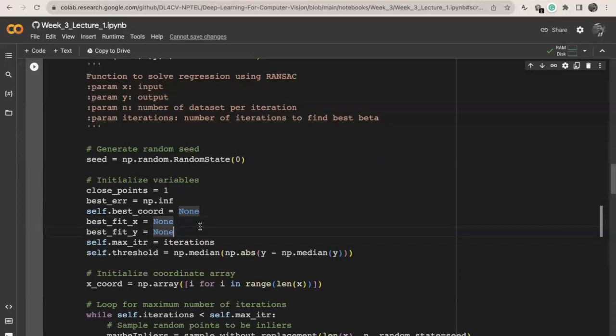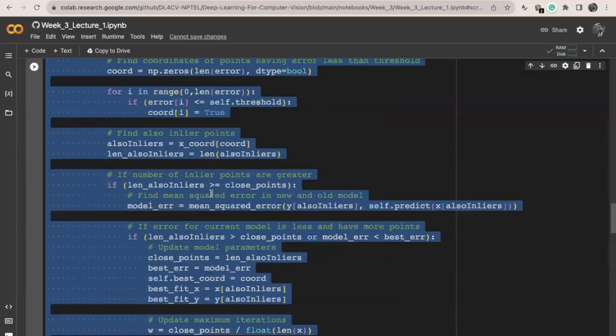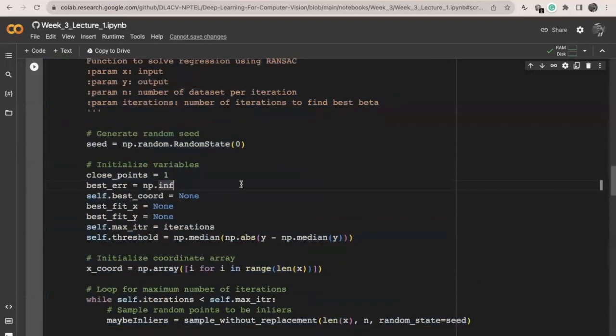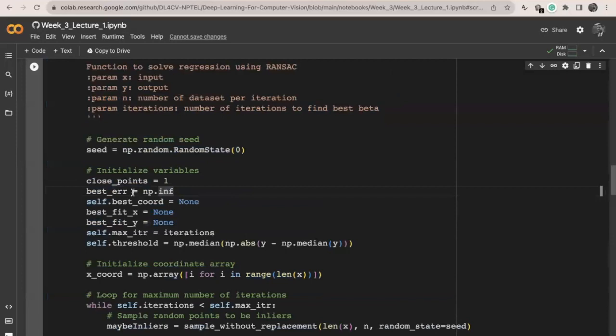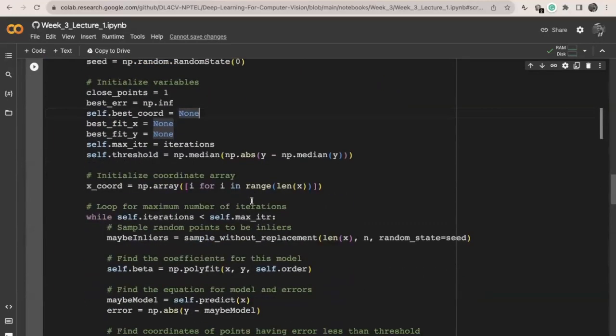First is initializing variables, then best fit x and best fit y. We're storing this best fit x and best fit y in the algorithm. So this is best error, best coordinates, best fit x, best fit y, maximum iteration and threshold. The threshold is what we use to set the neighboring line where we will count the number of points.